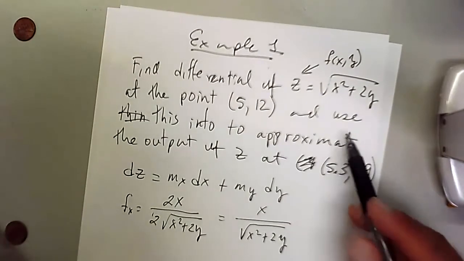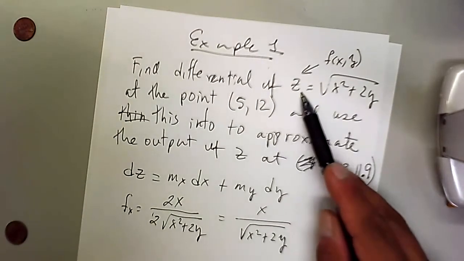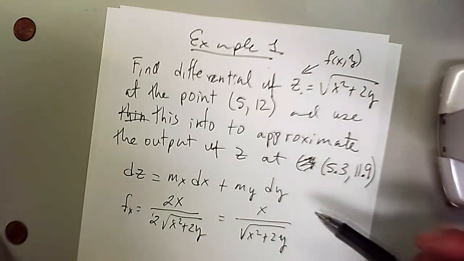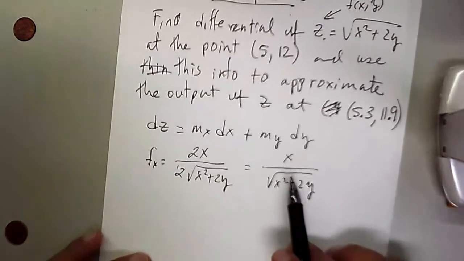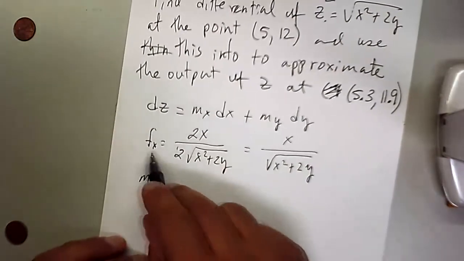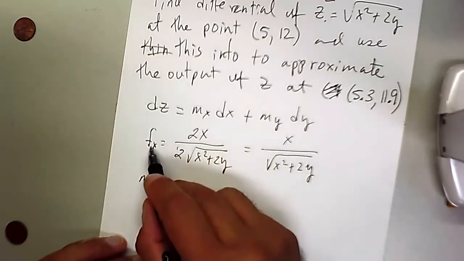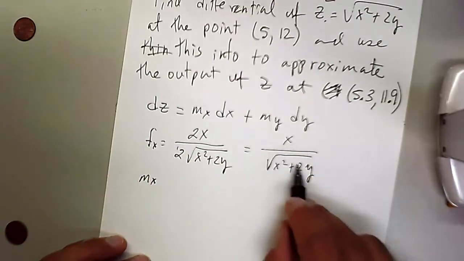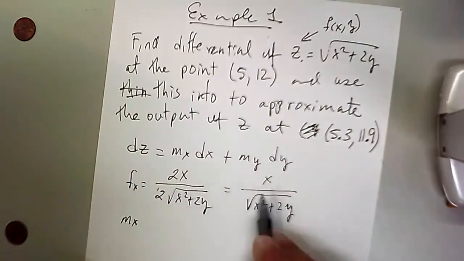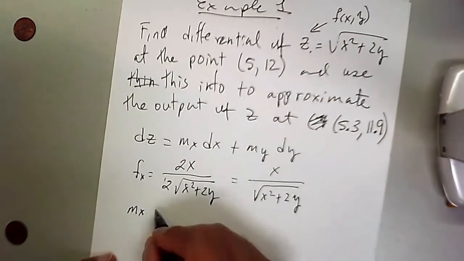By the way, we never found the output at that point. We should probably do that. That's okay. We're going to find it right now as we find the slope. Okay, so f sub x is the generic formula. If we plug in the numbers 5 and 12 into here, then we end up with the slope.